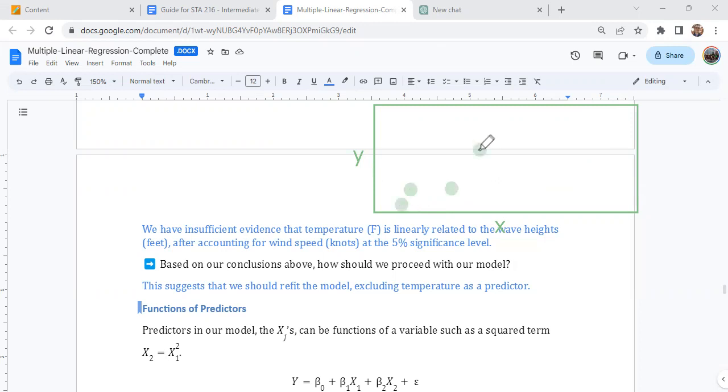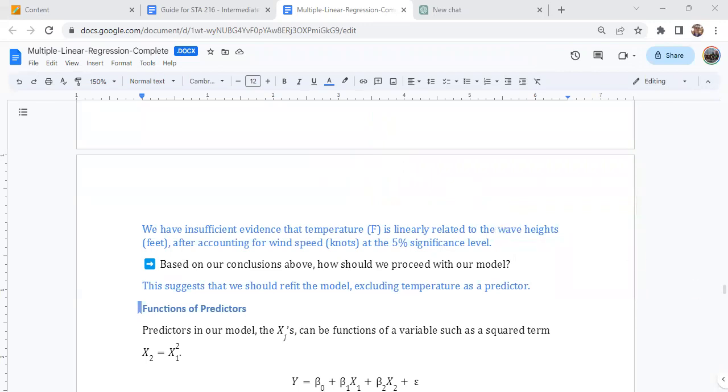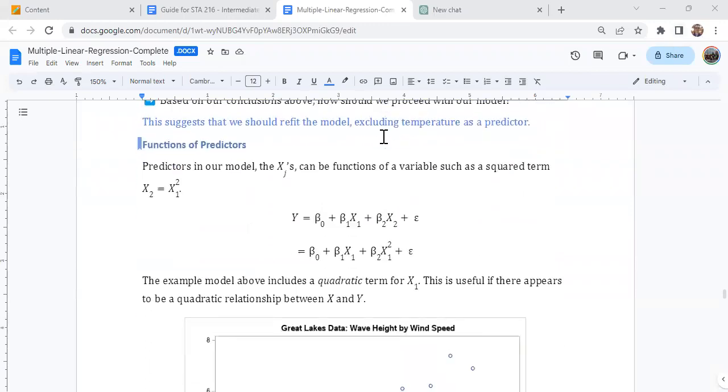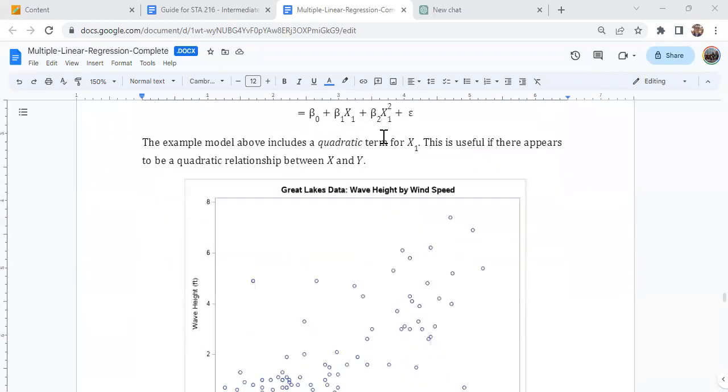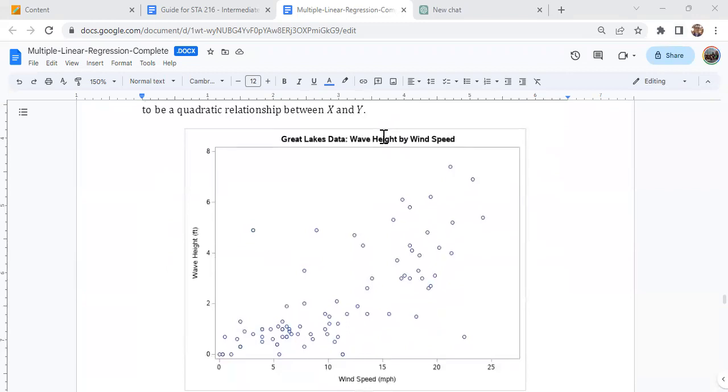But for a straight line, it needs to be something like this, and it could be negative as well. But the point is that just assuming that if there's a relationship between x and y, it must be linear is not a safe assumption. It very well could be non-linear.